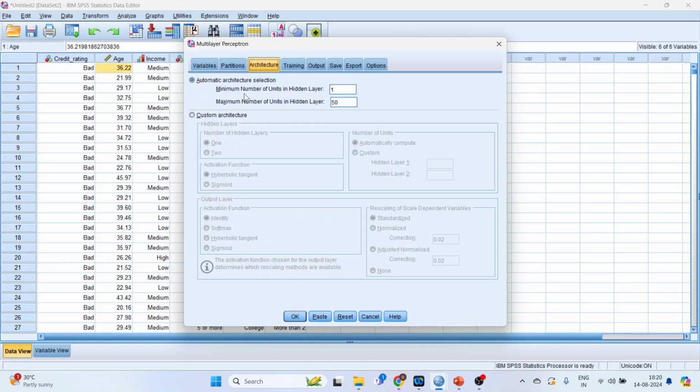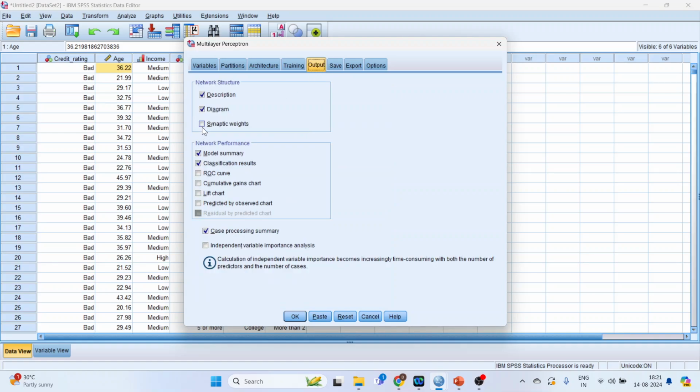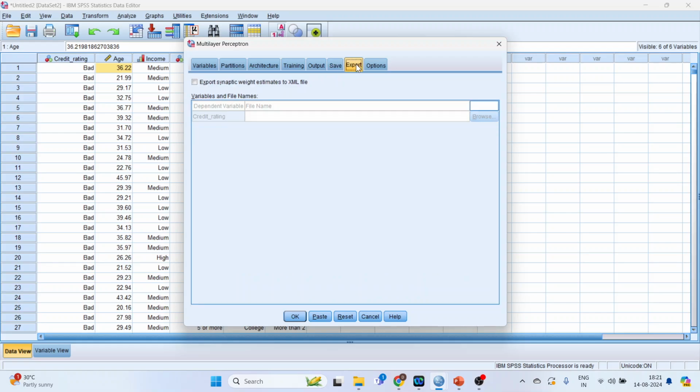Architecture: minimum number of units in hidden layer 1, maximum number of units in the hidden layer 50. Training: keep the things as they are. Output: synaptic weights are to be activated. ROC curve we require. Save predicted value or category, yes. Save predicted pseudo probabilities, yes. Export: nothing is to be done.